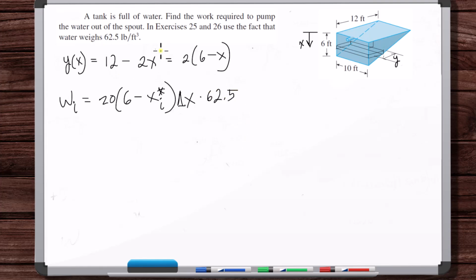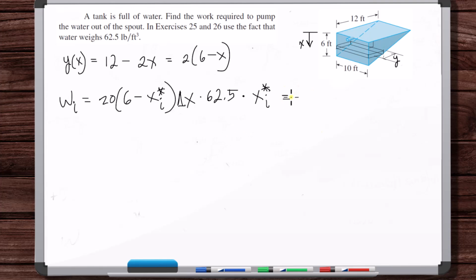All right, and we've got the weight of water in that block, but we're calculating the work to move that water out to the spout, and so we need to multiply this by what? By xi star. And that is Wi. Okay?